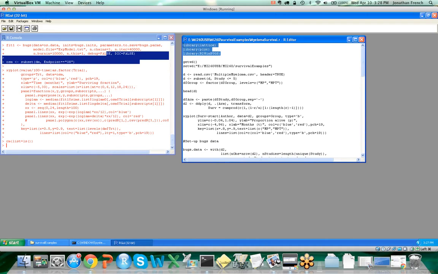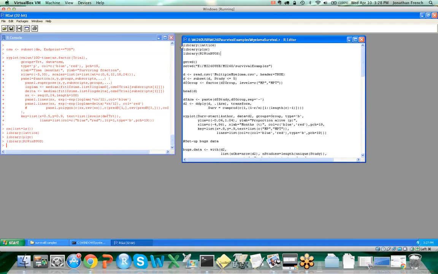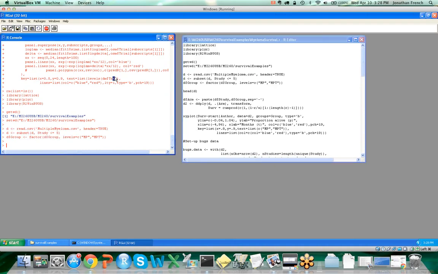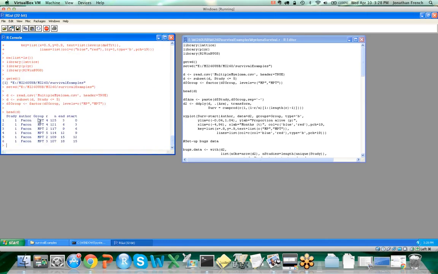We'll load in a few libraries that will be useful for our analysis and set our working directory to the location where the data is residing. Now let's read in our data, and we're going to subset that data set to only include the first 5 studies. If I look at the data in our data file, you have a study variable that goes from 1 to 5, an author variable that I just added to make the plot labels look better, and a group, which is just going to be MPT or MP.